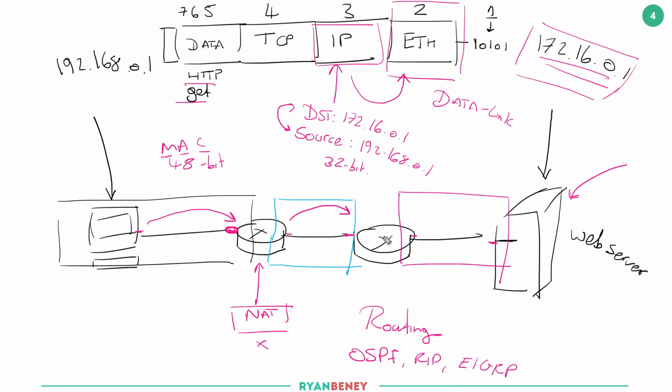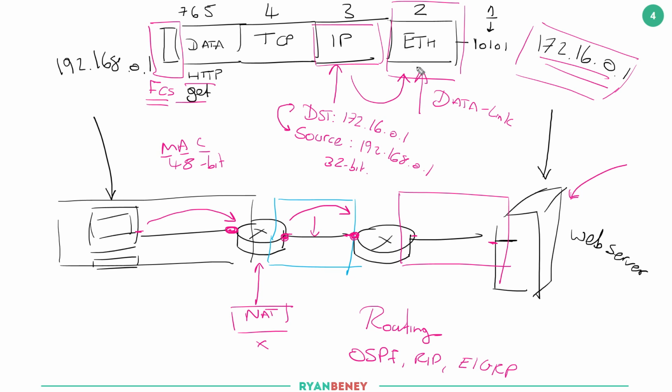But before it sends it this way, it needs to populate and create a new Ethernet header and Ethernet trailer. So it populates the Ethernet header with the destination as the next hop, the source as itself, and a new frame check sequence to help it traverse across the cable. When it reaches the other side, again the router will strip off the Ethernet header because the MAC address was destined for this device.